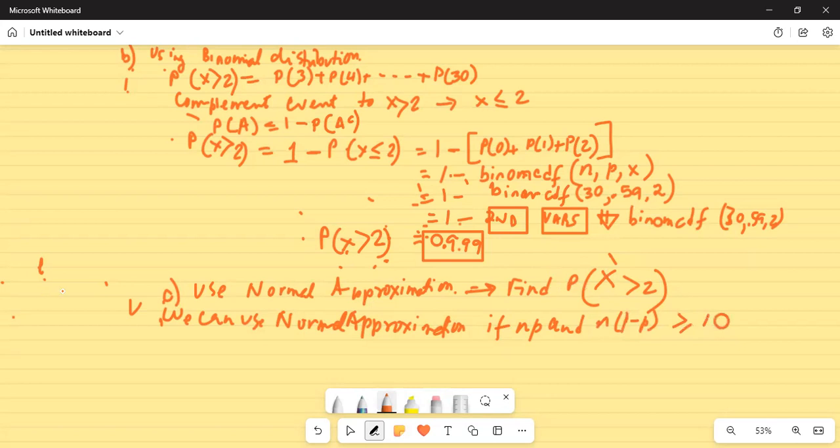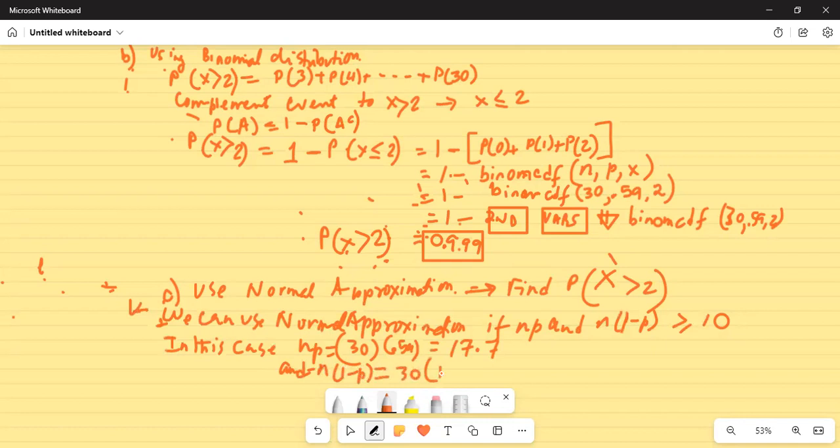So let's check in this case. n times p is equal to 30 times 0.59, which is 17.7, and n times 1 minus p is equal to 30 multiplied by 1 minus 0.59, which is 12.3.